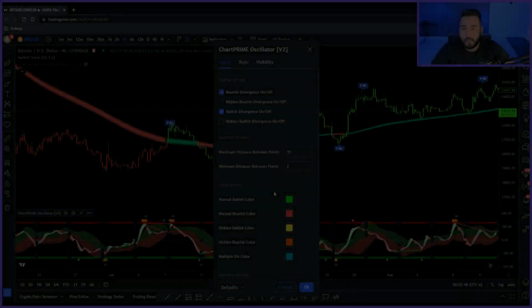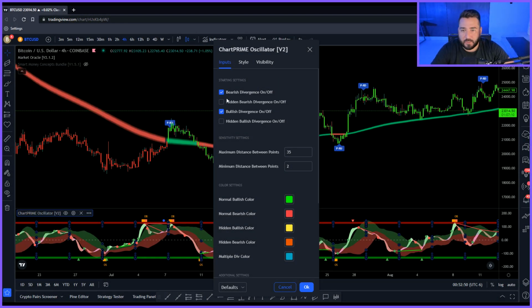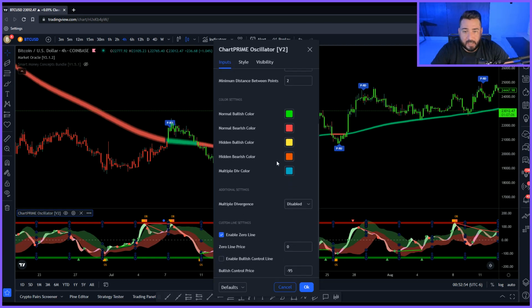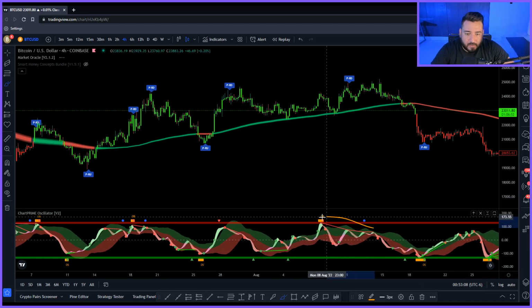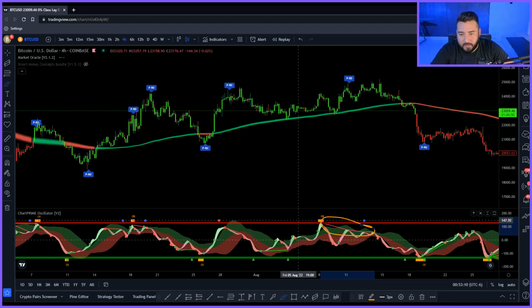So let's get back into the settings. For me, I'm taking out the hidden divergences, and then I make sure that my multi-divergence color is whatever I like. I'm going to leave it just like this, and then turn on my multiple divergence color. Let me bring your eyes to this divergence right here.